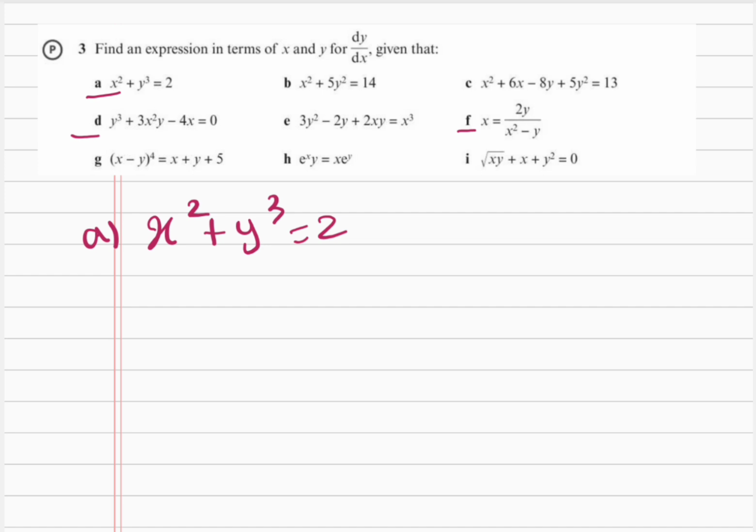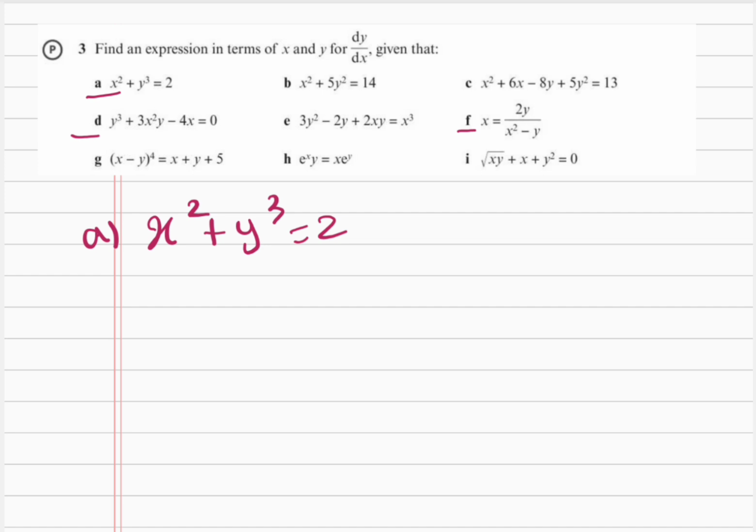x squared plus y cubed is equal to 2. When you want to differentiate this using implicit differentiation, one natural question might be: why don't we just rearrange it, write the function in terms of x, and differentiate as usual? That's a very interesting question.